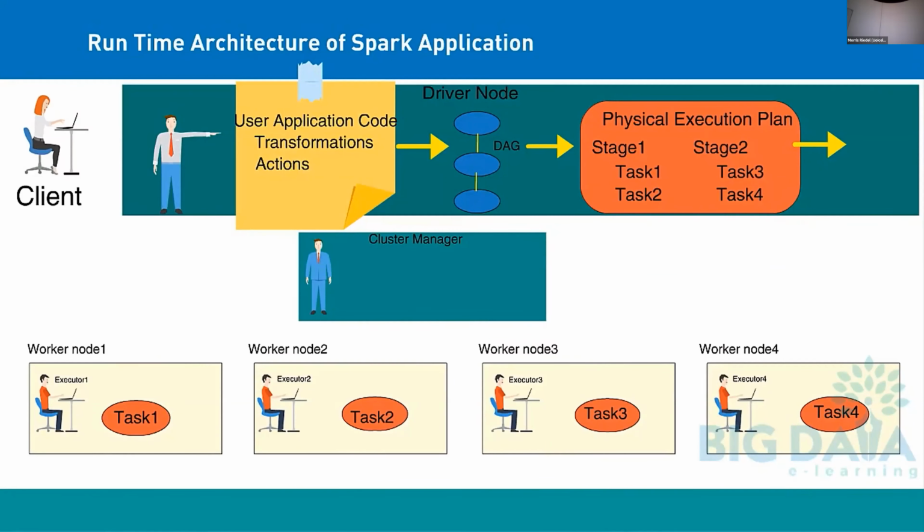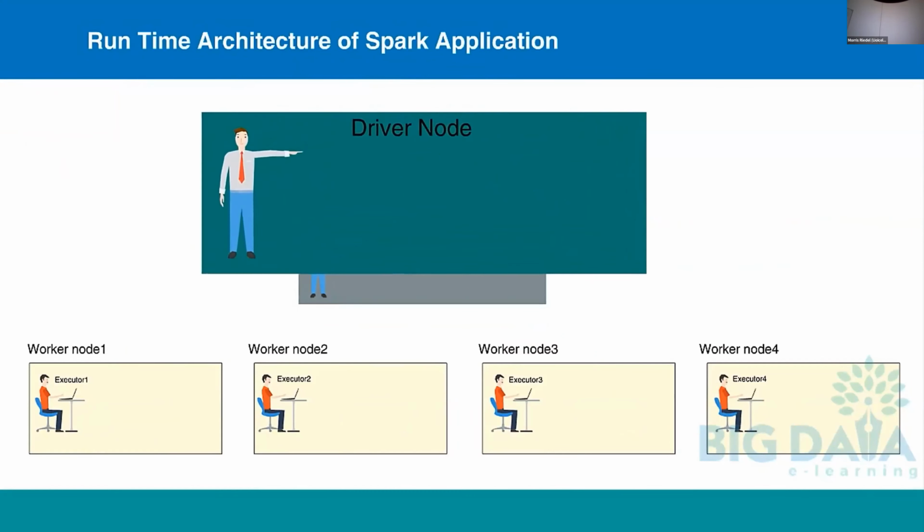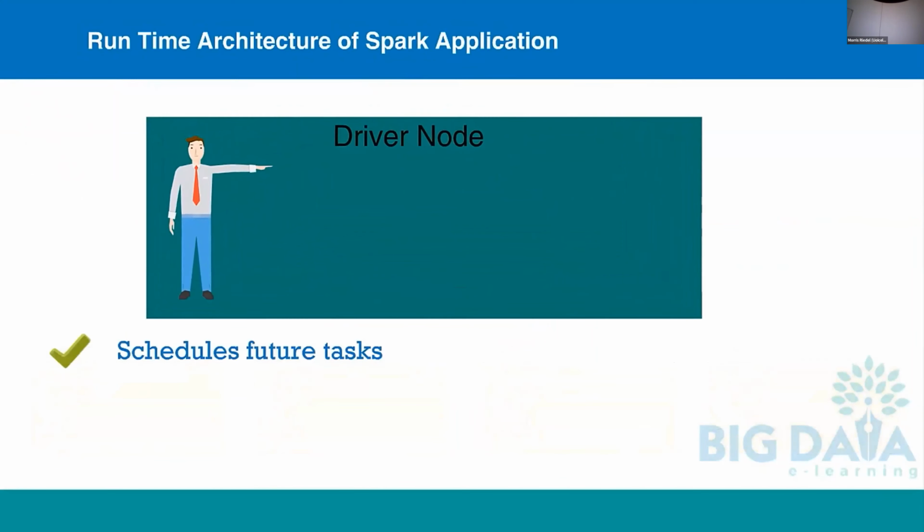Executors start executing the tasks assigned by the driver program. At any point in time, when the application is running, the driver program will monitor the set of executors that run. The driver will also schedule future tasks in appropriate locations based on data placement.